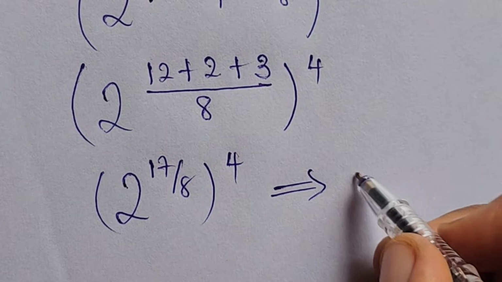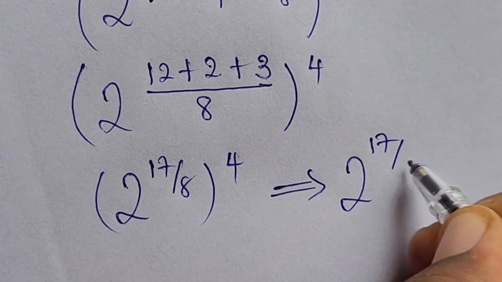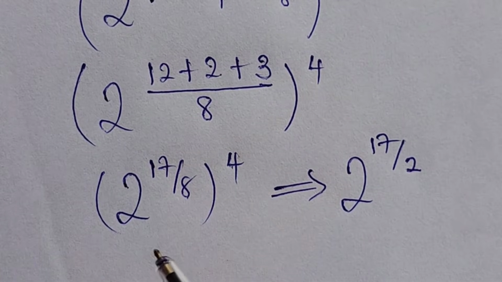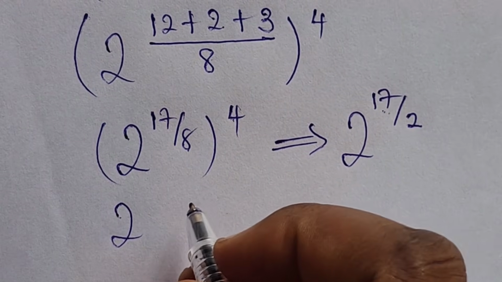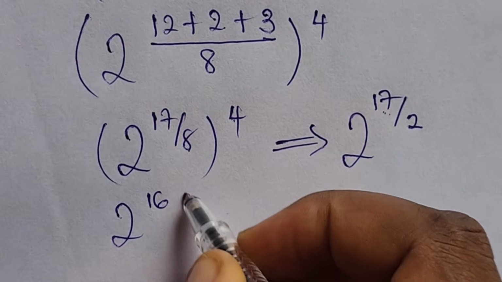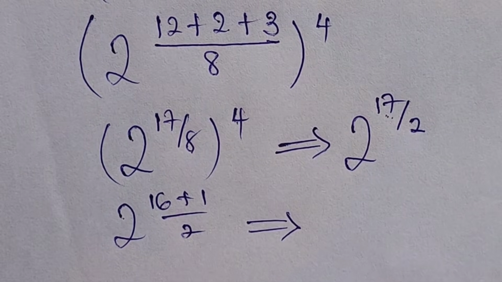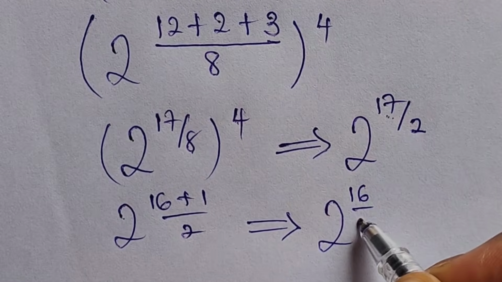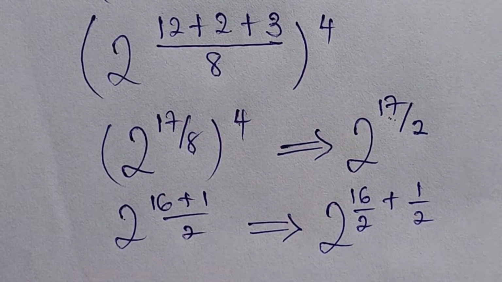So this implies that we have 2 to the power of 17 over 2. So this will divide through with this. So we can split this fraction here to have 2 to the power of 16 plus 1 over 2, which is the same as 2 to the power of 16 over 2 plus 1 over 2.